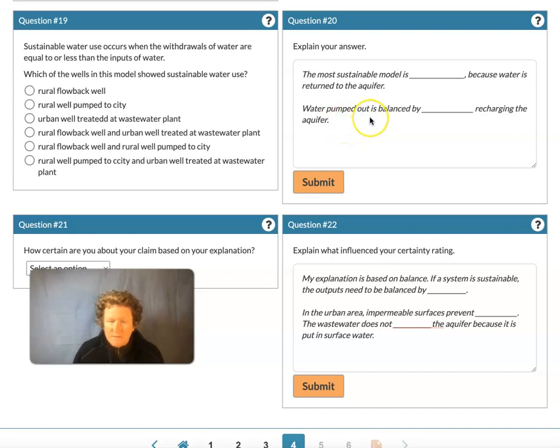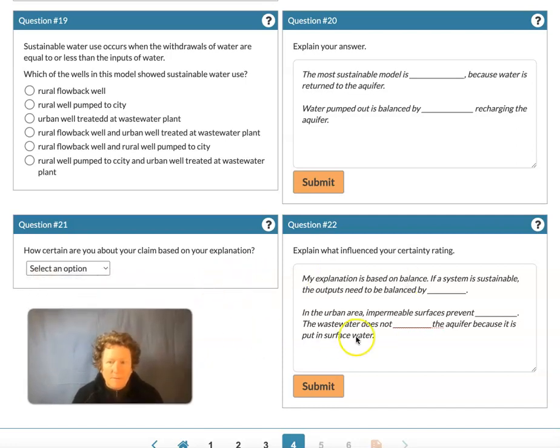Water pumped out is balanced by, which recharges the aquifer. My explanation is based on balance. If a system is sustainable, the outputs need to be balanced by, in an urban area, impermeable surfaces prevent, wastewater does not what? The aquifer, because it's put in surface water.